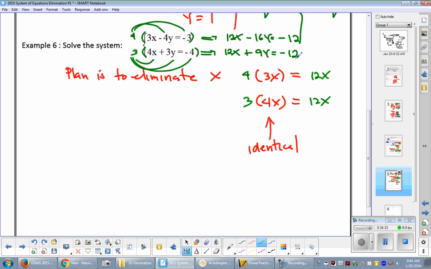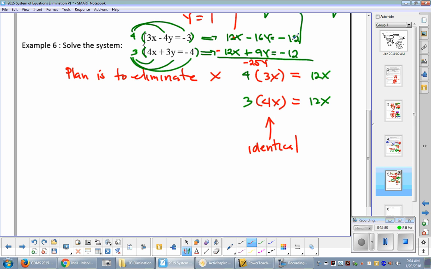So look at your x. We have identical x's. So how are we going to eliminate x from here? Subtract. Very good. So once I subtract this, I'll get 12x minus 12x will be 0. What is negative 16y minus 9y? Negative 25y.